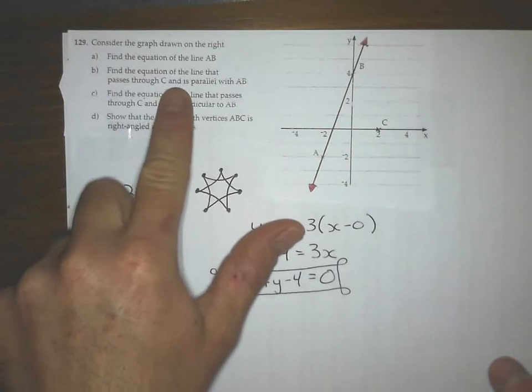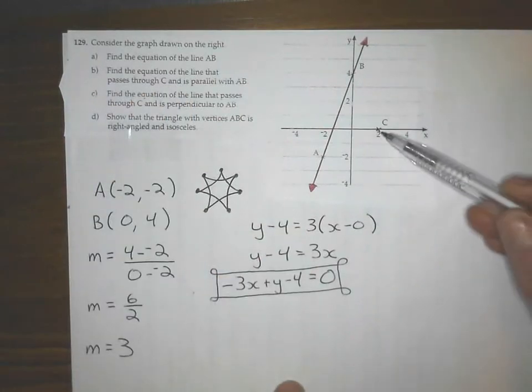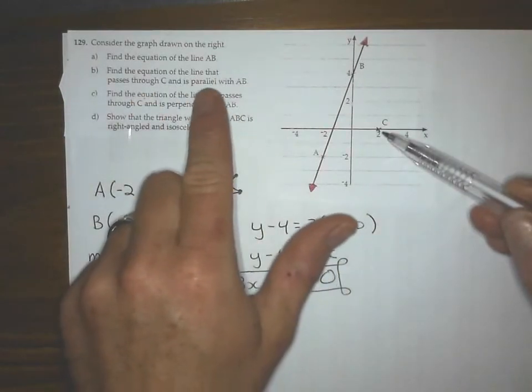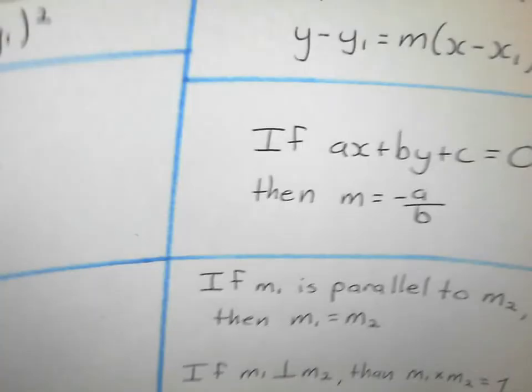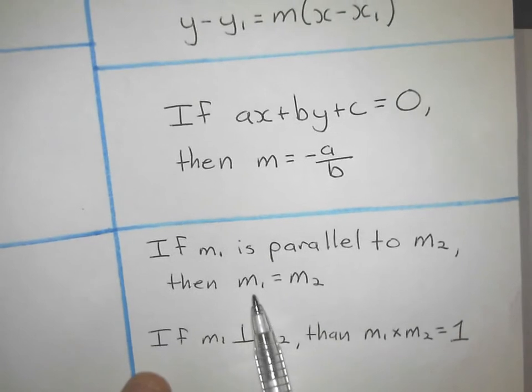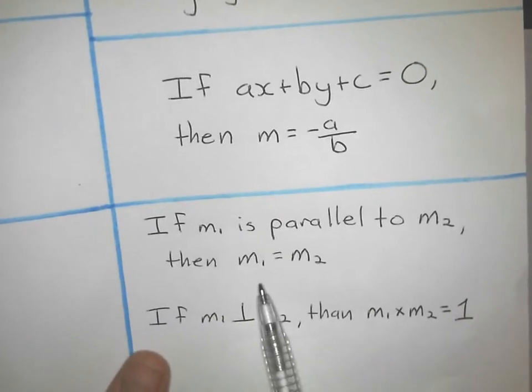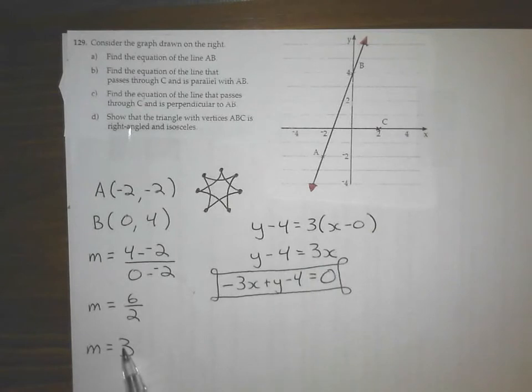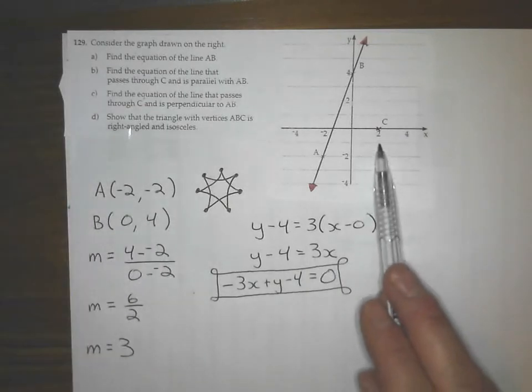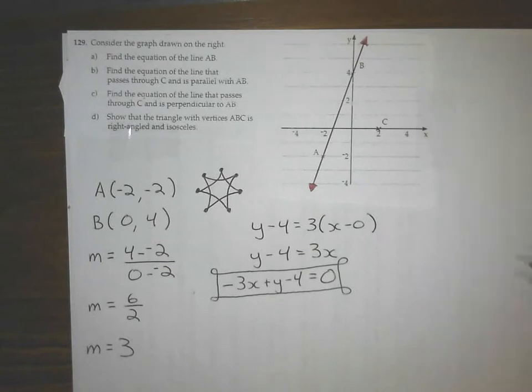Find the equation of the line that passes through C, through this point, and is parallel with AB. Okay, that's pretty easy because if two lines are parallel, they have the same gradient. So I'm going to use the gradient of 3 that I got earlier and use this point of C, and let's get the coordinate of that, which is 2, 0.